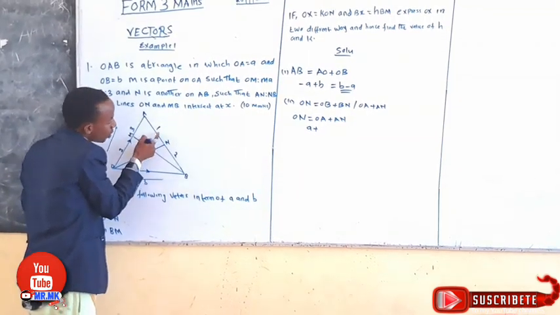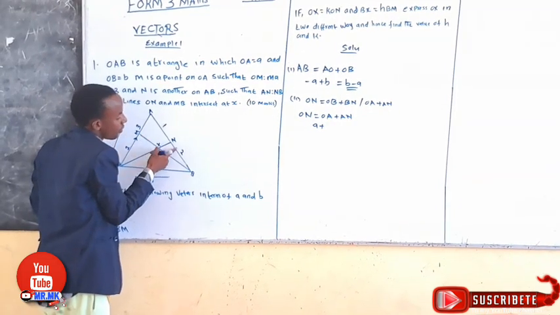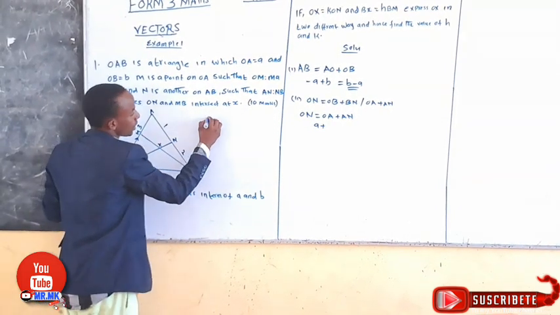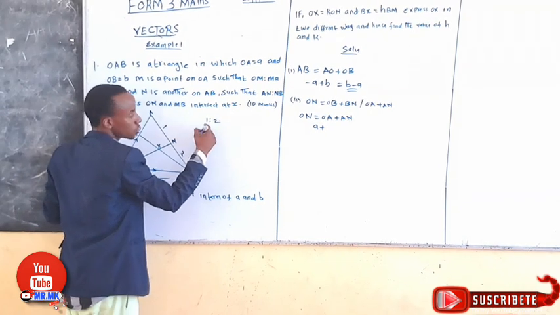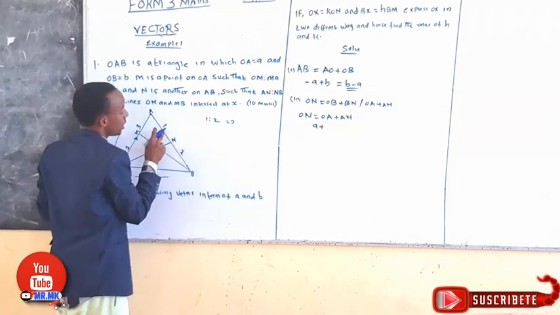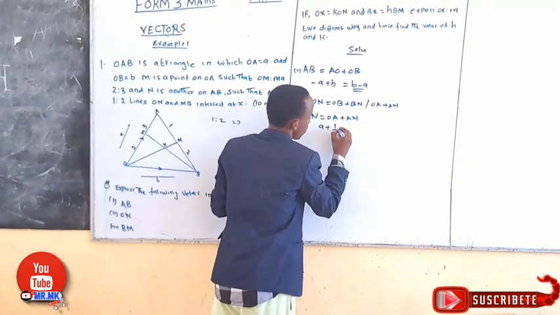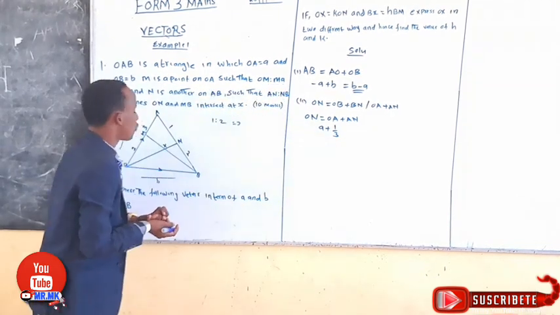For AN, the ratio is 1 to 2. The total ratio is 2 plus 1, which is 3. So AN is 1 over 3 of AB.